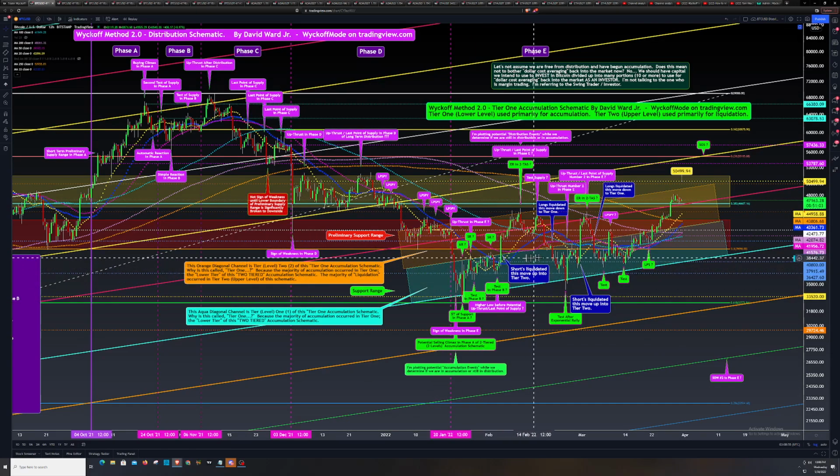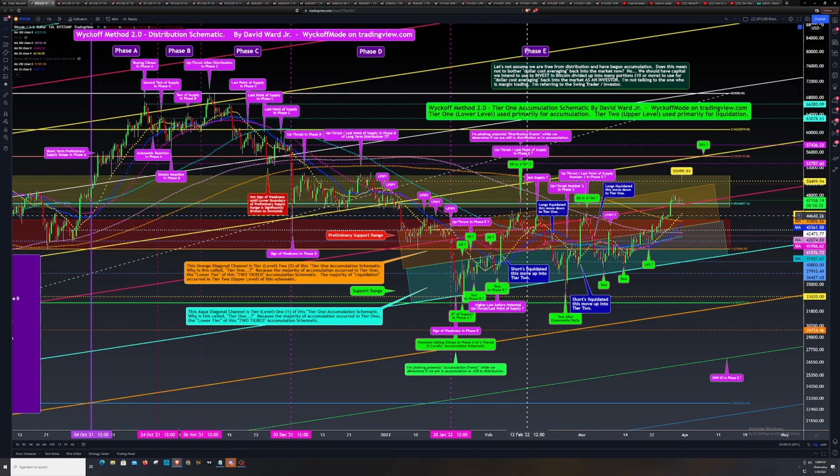In Tier 1, the majority of our accumulation occurred, so that is why this is a Tier 1 accumulation schematic. In Tier 2, that's where the majority of our liquidation occurred, where we liquidated shorts right here by going up hard to the upper level of this trading range.